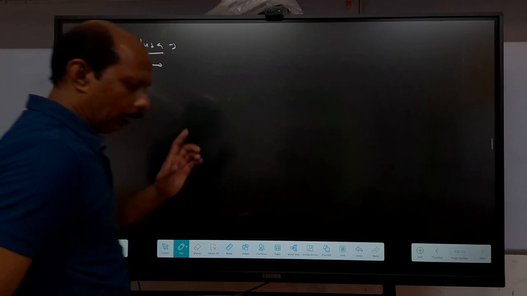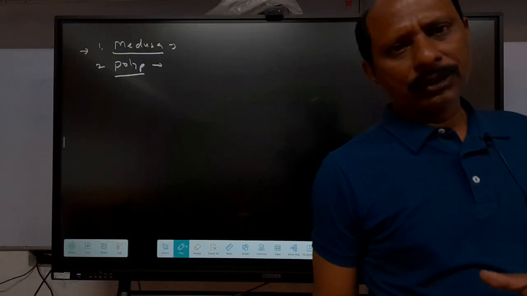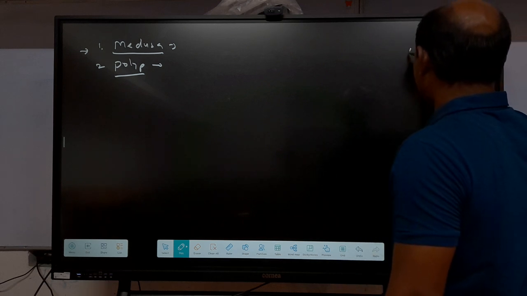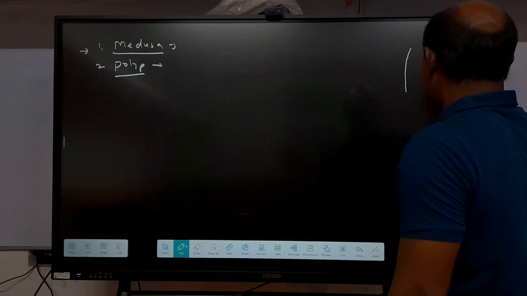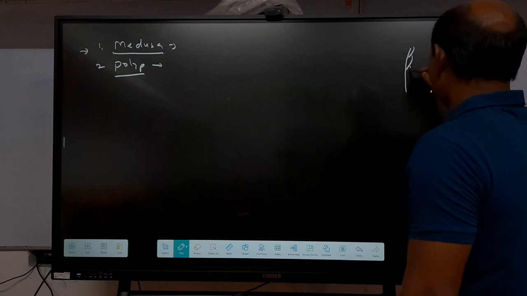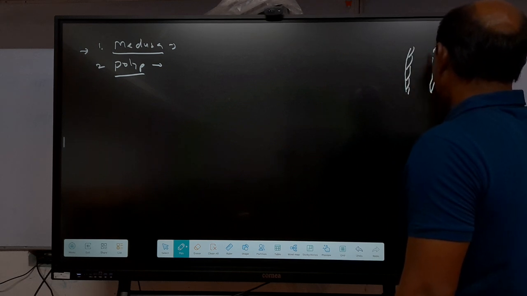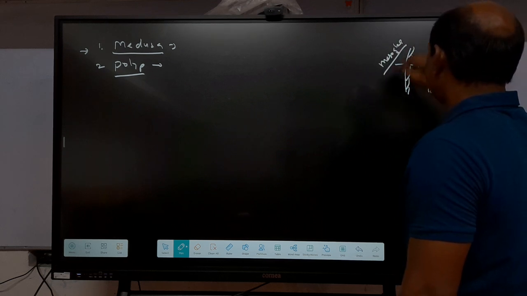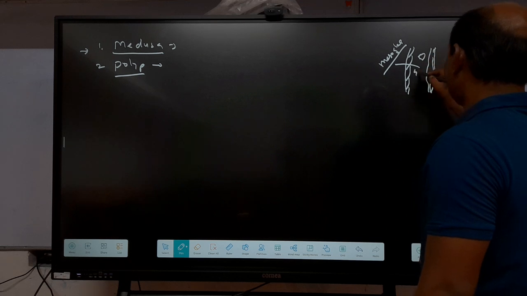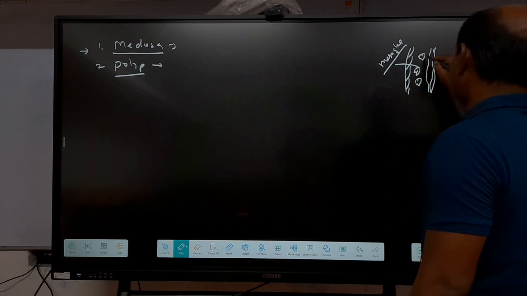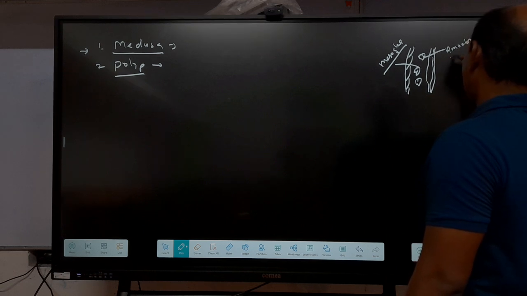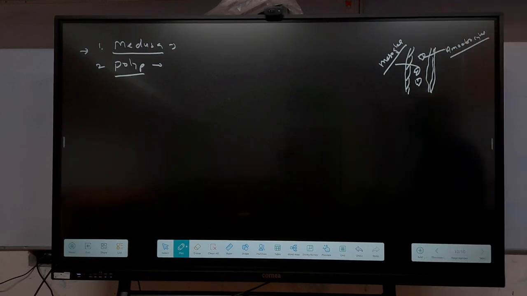Here also, because they are diploblastic, they have an outer layer and an inner layer, right? And in between is called mesoglea. Some cells are also present in the mesoglea. These are called amoebocytes, right?